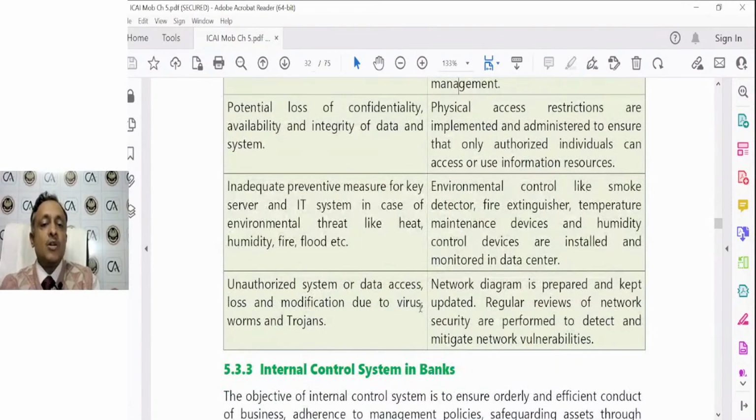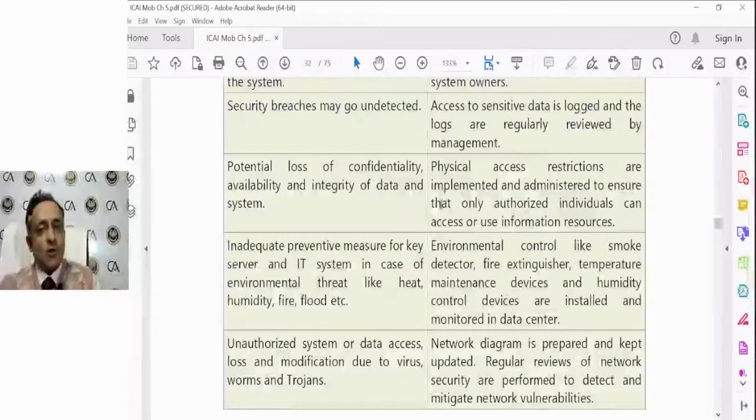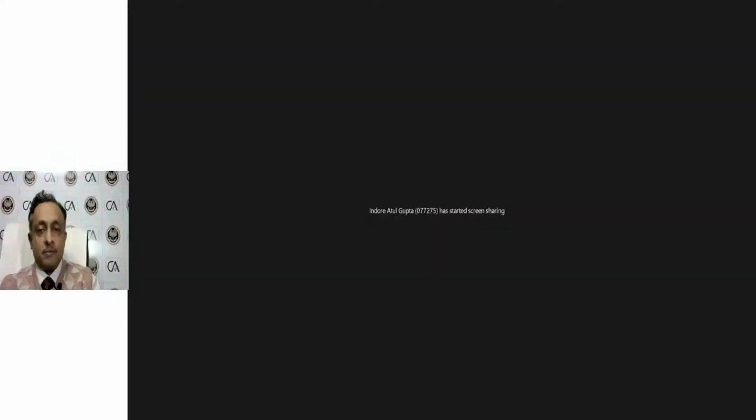And unauthorized system or data access: have regular updates of antivirus systems and assessment of vulnerability. Of all the points made, most relate to access controls of various assets, and the last three are physical access control, environmental control, and network-related antivirus control. That is the issue with ensuring that bank systems are properly secured.